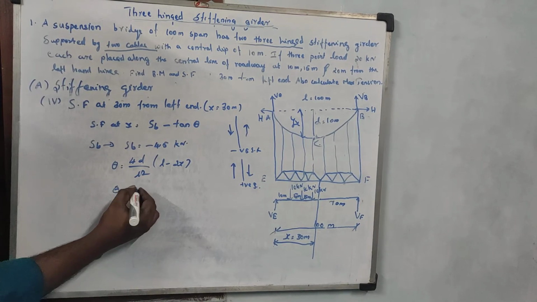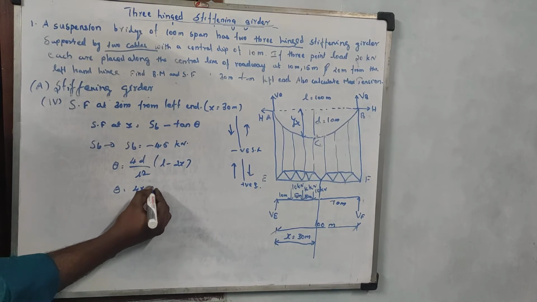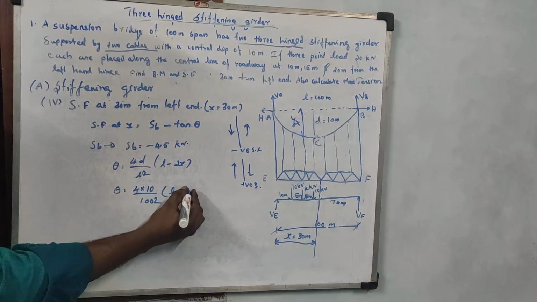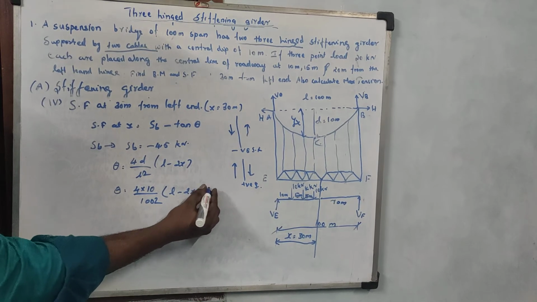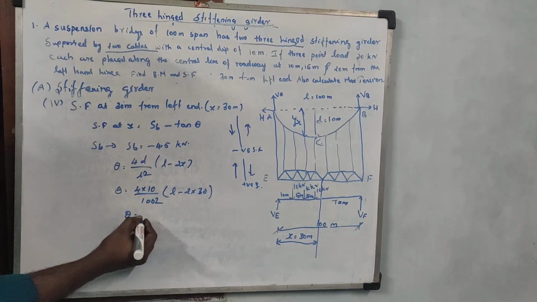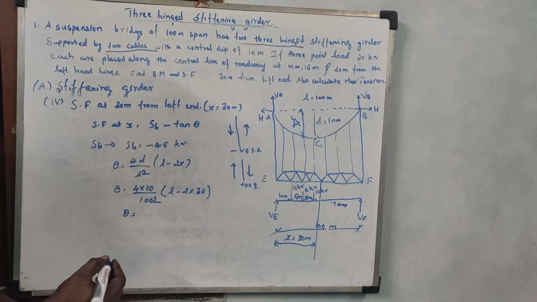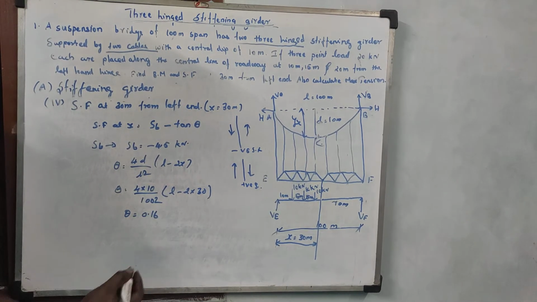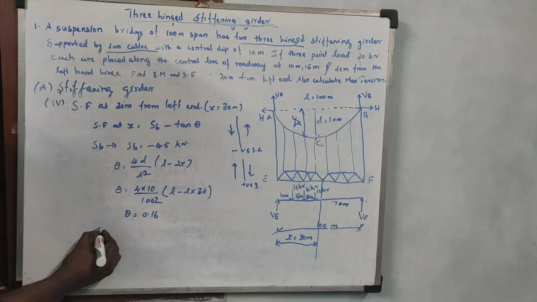Theta equal to 4 into 10 divided by 100 square into 100 minus 2 into 30. Theta equal to 0.16.